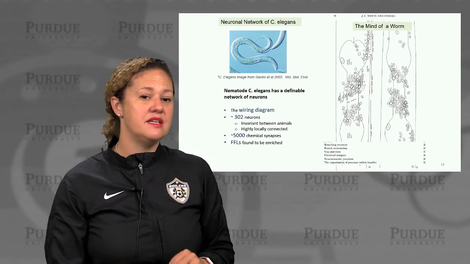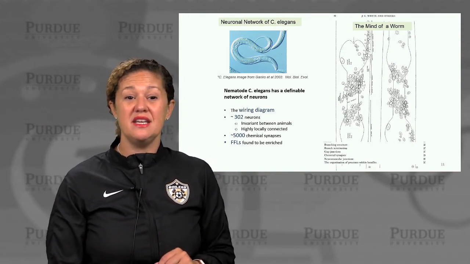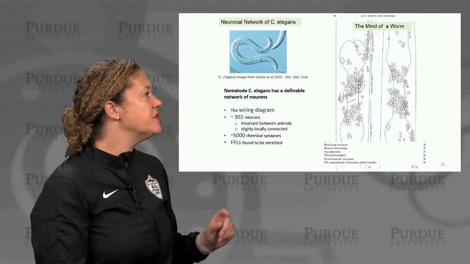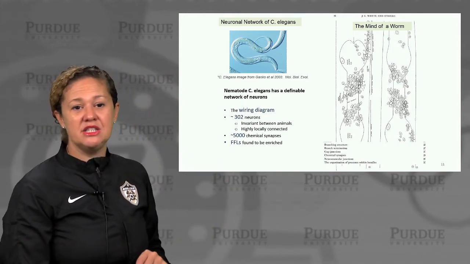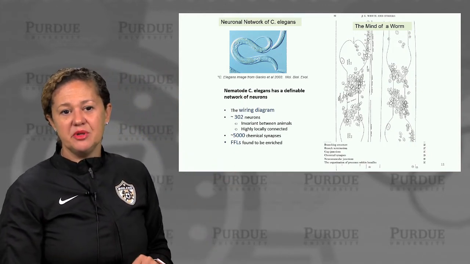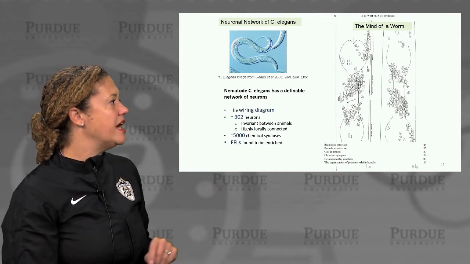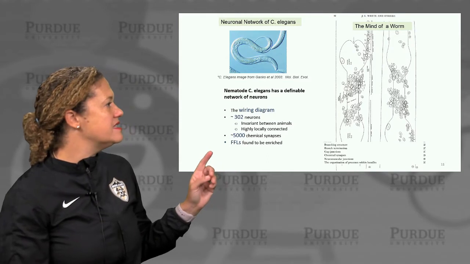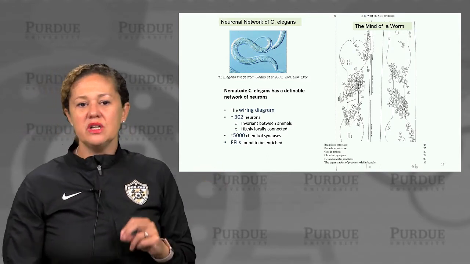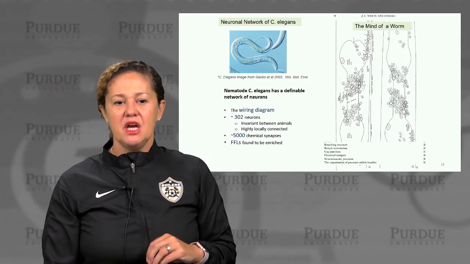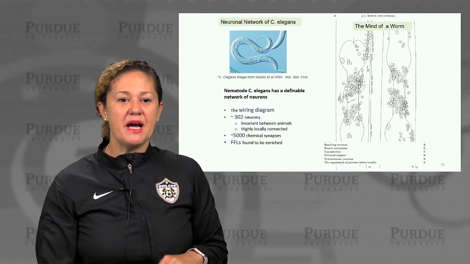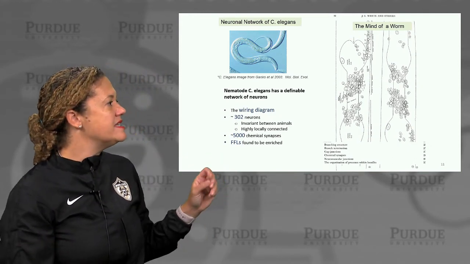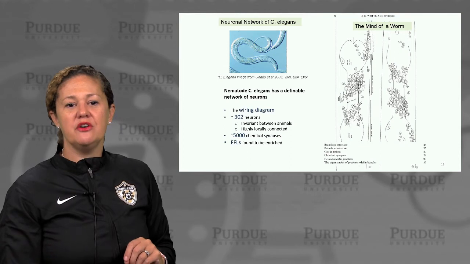So it's not just in transcription networks in which we see feed-forward loops. Another really interesting biological network that's definable exists in the neuronal network of the model system C. elegans. Now, C. elegans is a nematode, and it's a really neat model system for neuroscience as well as biological networks because it has a definable network of neurons.